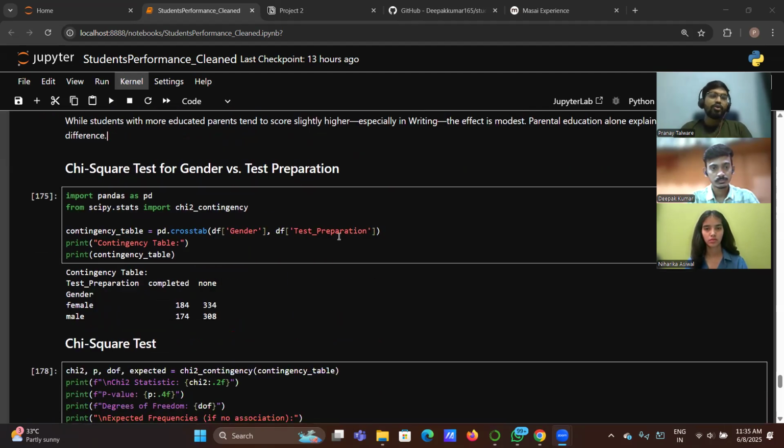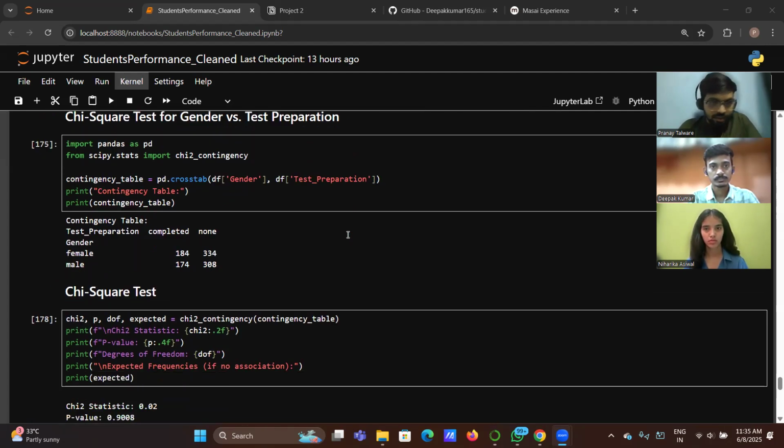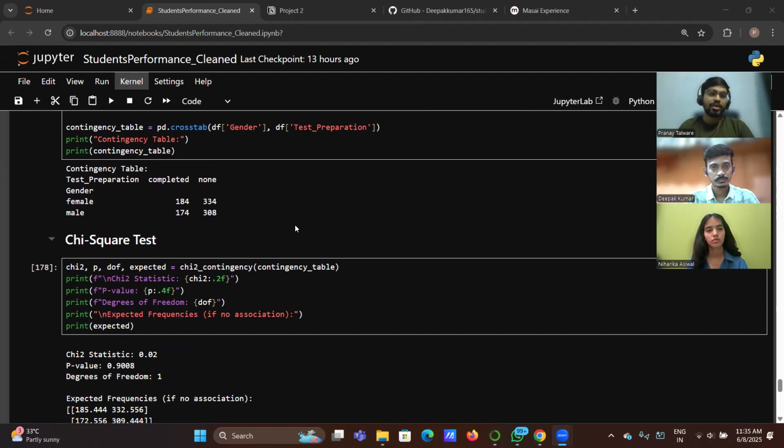And further, we went for the chi-square test for gender versus test preparation. Here the contingency table shows how many females have completed the test preparation course, and how many males have completed the test preparation course.